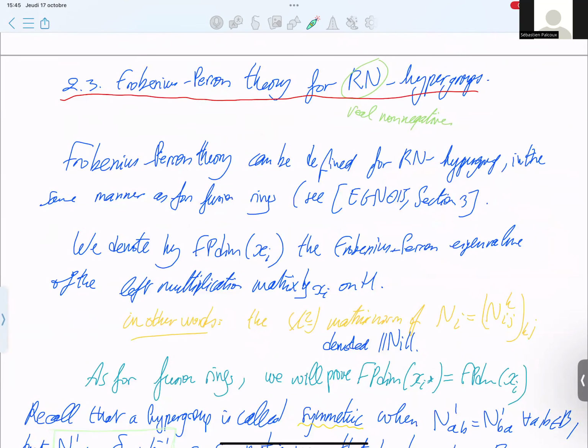So now, Frobenius-Perron theory on real non-negative hypergroups.